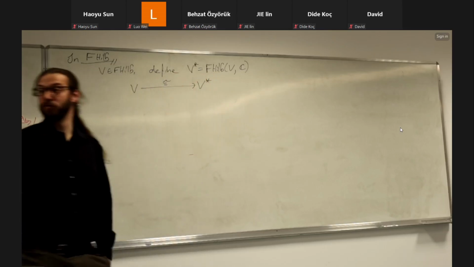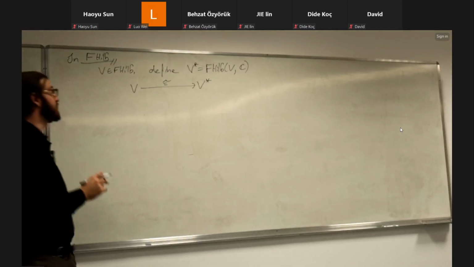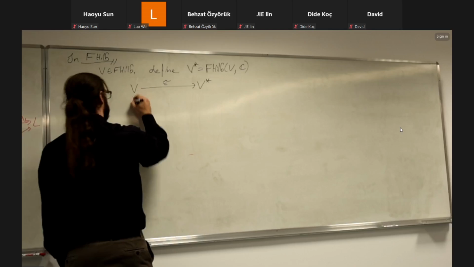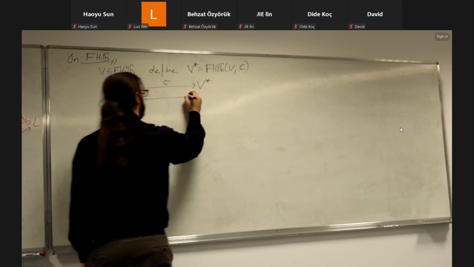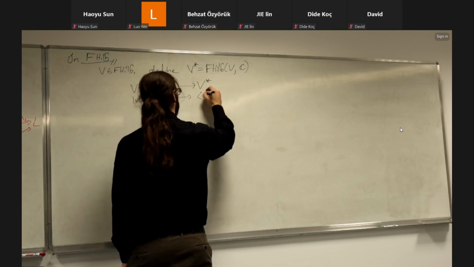And in this case, this isomorphism is really canonical because it's given by the inner product here. This is going to send V to what I'll call V.